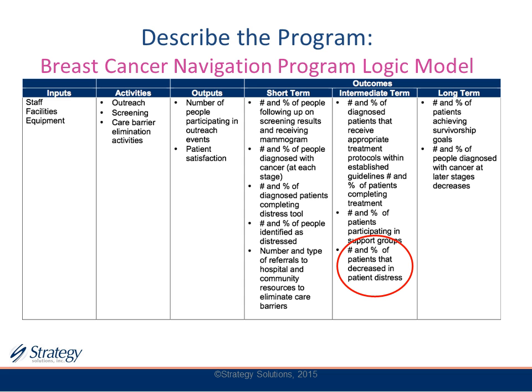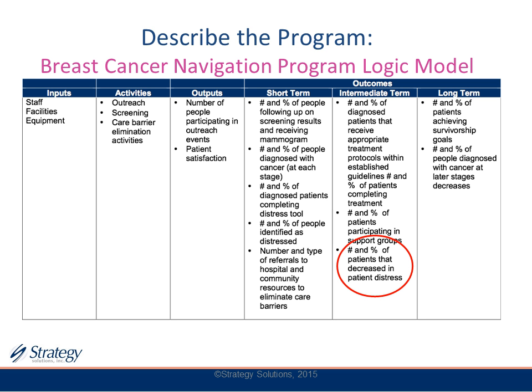If you're working on a defined population, such as a housing project or a particular subpopulation of the community, you could be looking at this: if I'm doing screening activities every year with these people, am I finding, in year one, a number of people in stage 3 and 4 breast cancer, whereas in year 2, 3, or 4, I'm seeing fewer people in stage 3 or 4, but I'm seeing people in maybe stage 1 or stage 0?